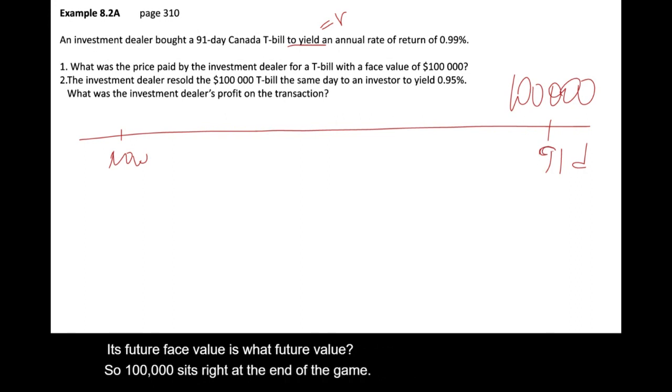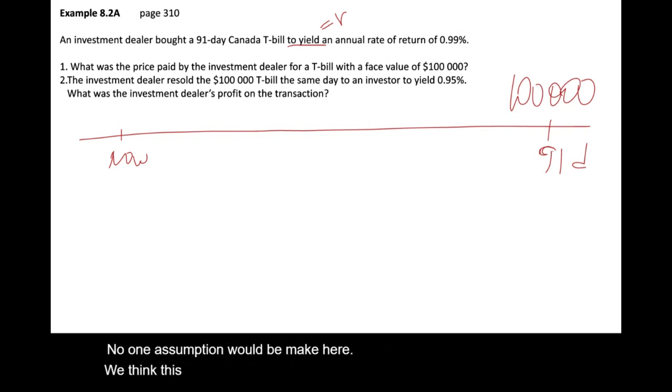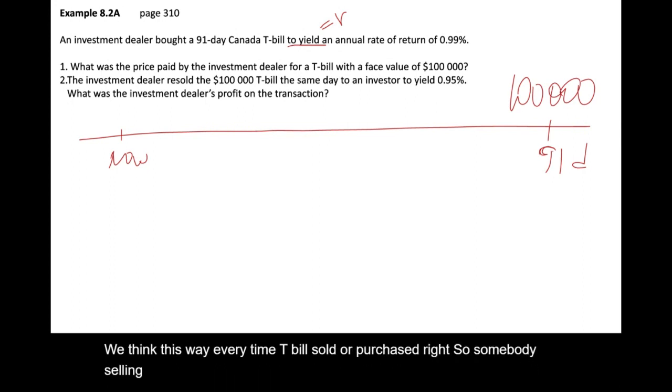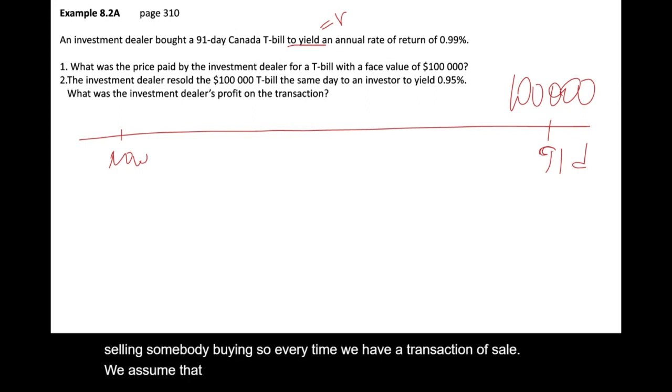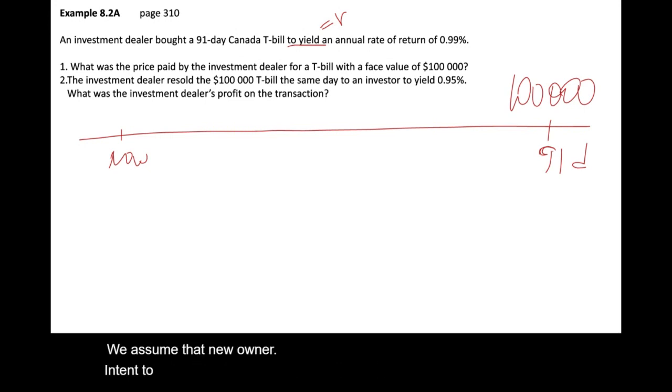Now, one more assumption we make here. Every time a T-bill is sold or purchased, somebody selling, somebody buying, we assume that the new owner intends to hold that T-bill to the end of the game, or till maturity.